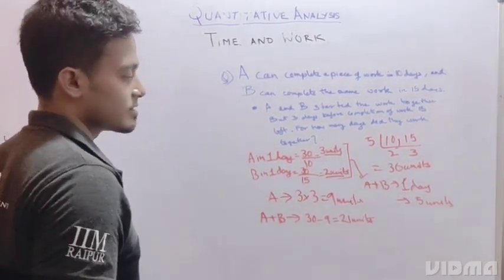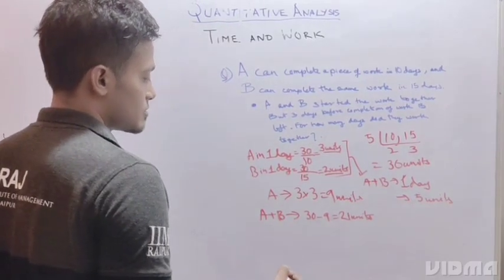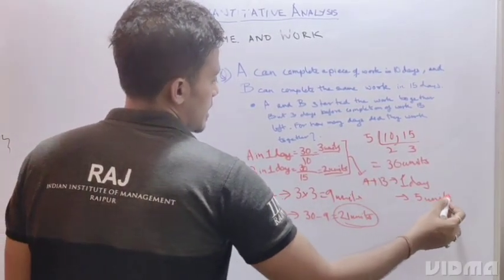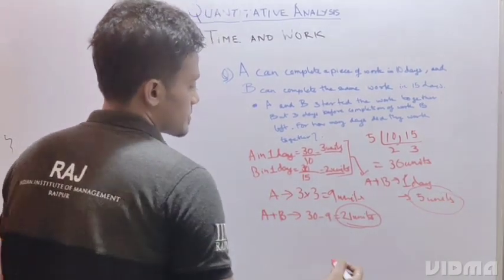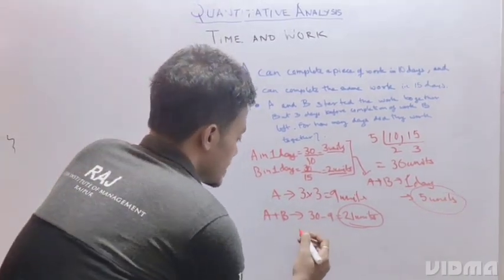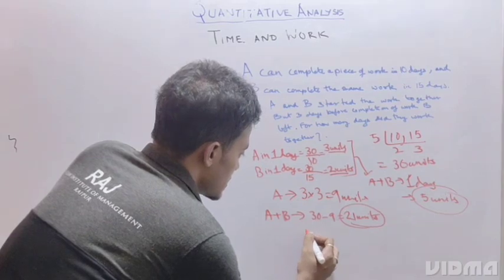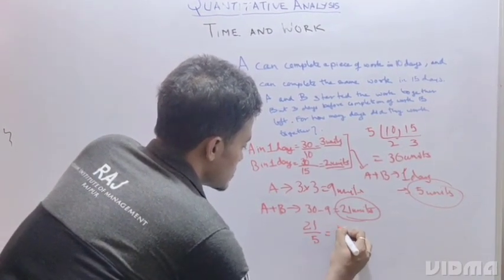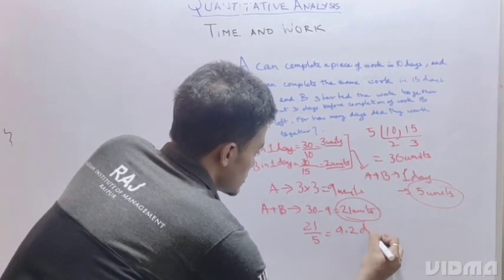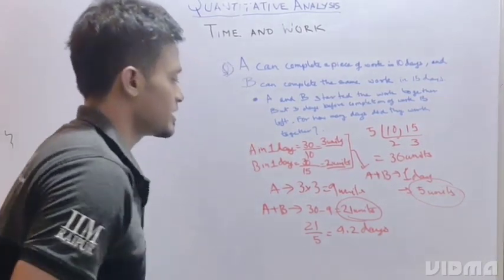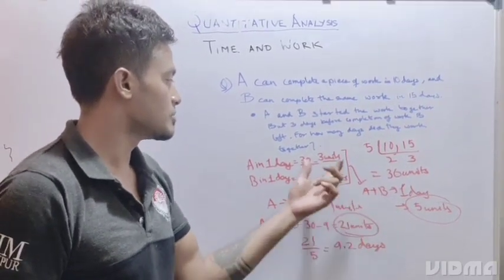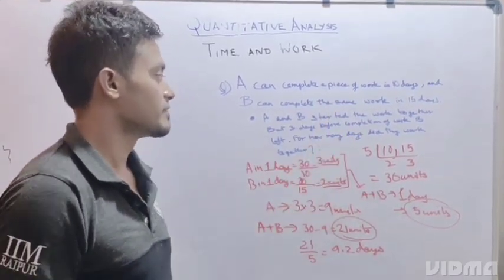So how do we find that out? What is the answer to it? So 21 units needs to be done and 5 units per day. So how many days will it take for A and B to complete the work? It will be simply 21 by 5, that is equal to 4.2 days. So A and B together will need to work 4.2 days to complete the given task.